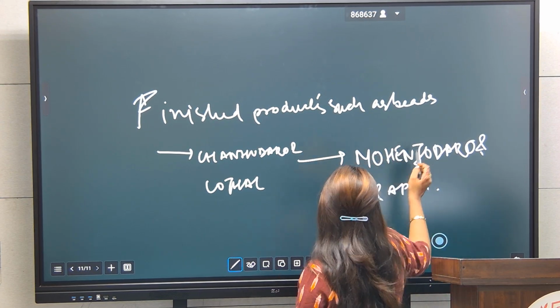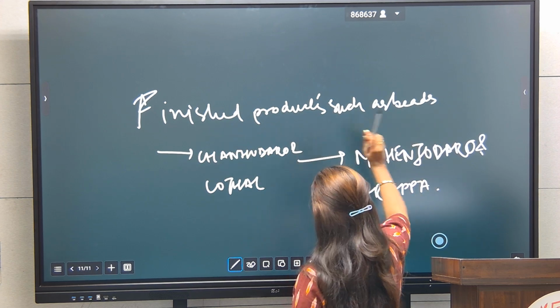So this was how the finished products were carried.